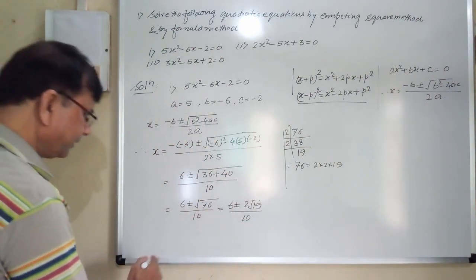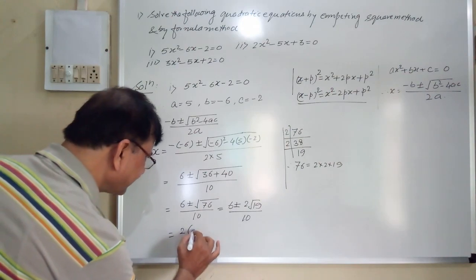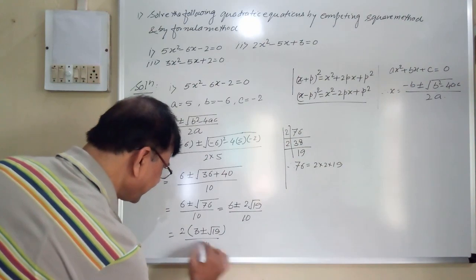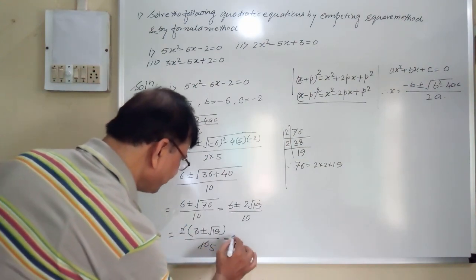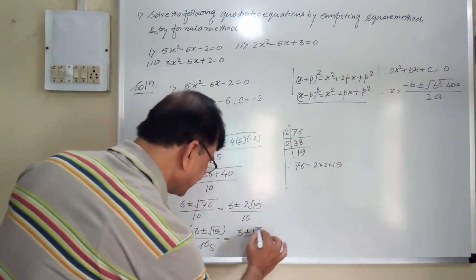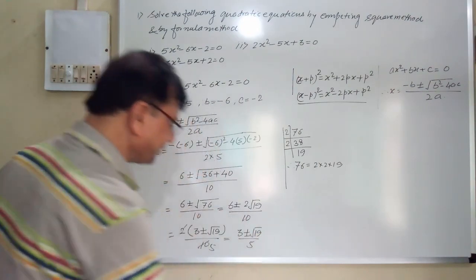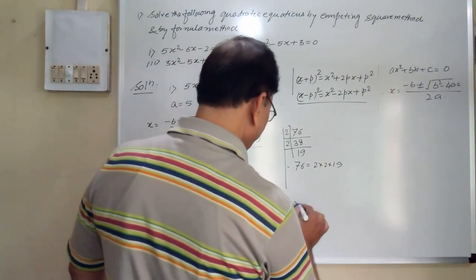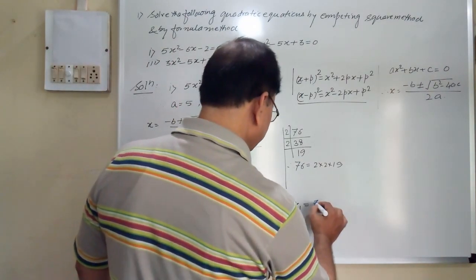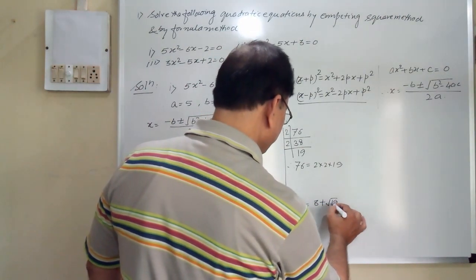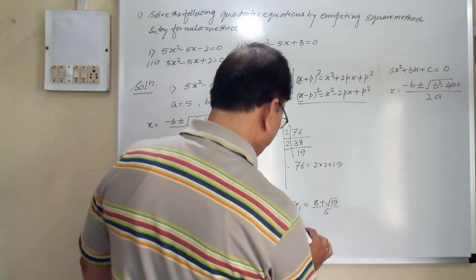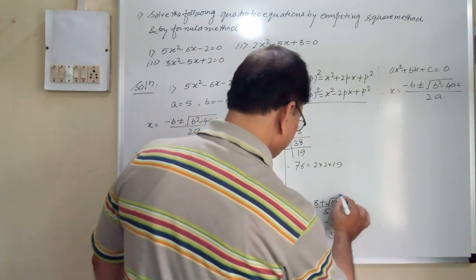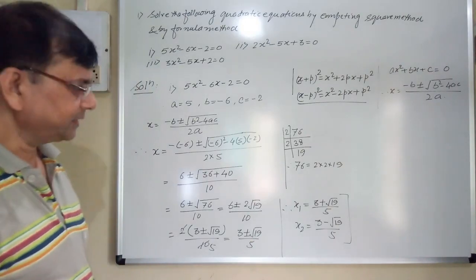So we can take 2 common, therefore 2 in bracket 3 plus minus under root 19 by 10. The 2 5s there, it will go, that is 3 plus minus under root 19 by 5. So what are the values of x? Two values we will get. Therefore x1 is equal to 3 plus under root 19 by 5 and x2 is equal to 3 minus under root 19 by 5. These are the roots of this equation.